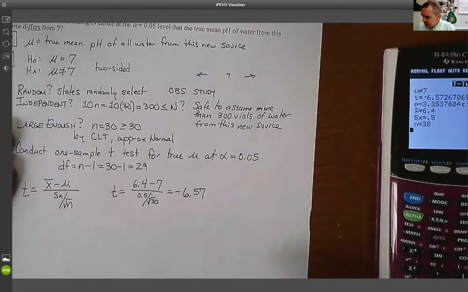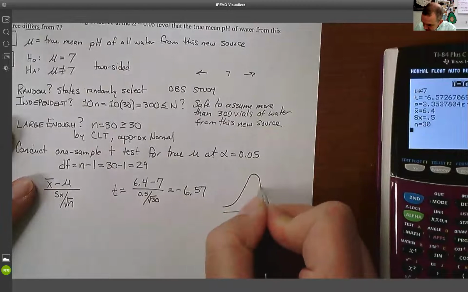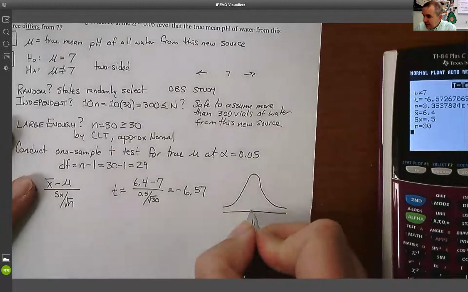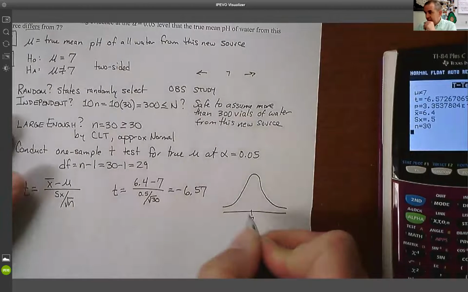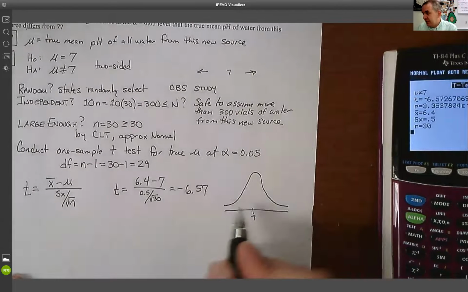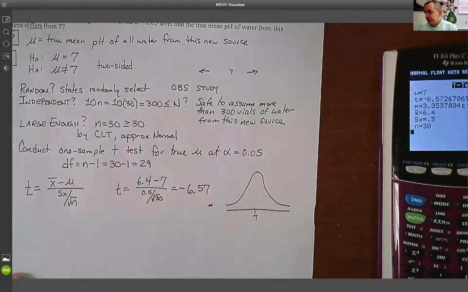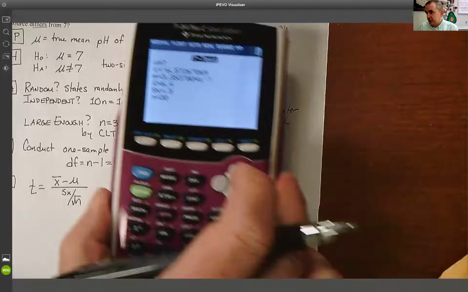If I looked at this visually and drew the curve, this would be where 7 would fall. So this is saying if we truly had a pH level of 7, this is what the sampling distribution would be. We were way over here. So this is a really significant result.